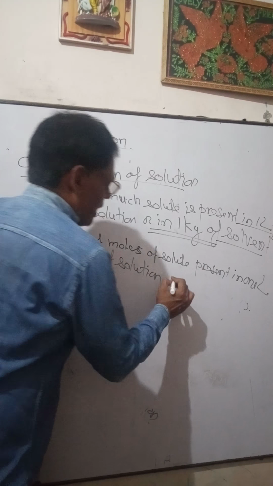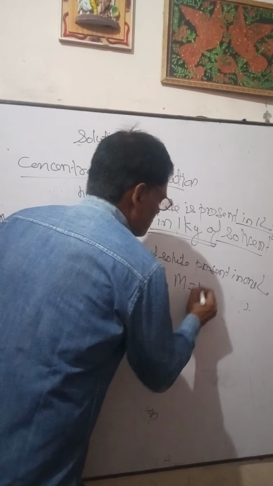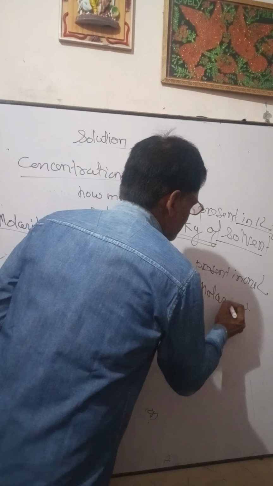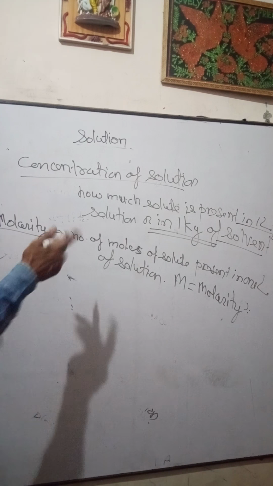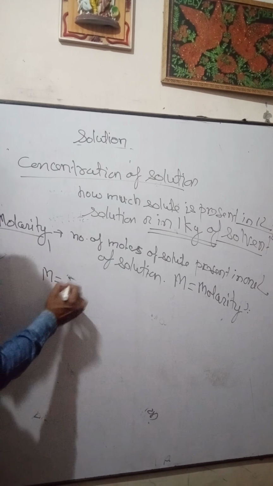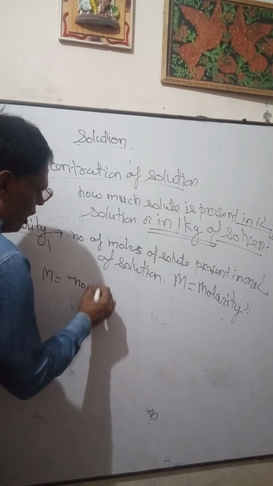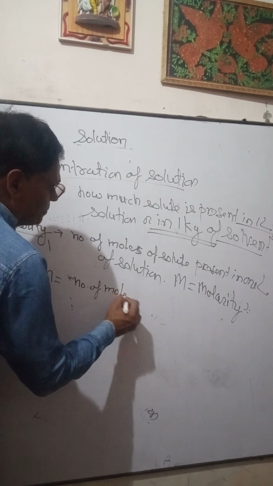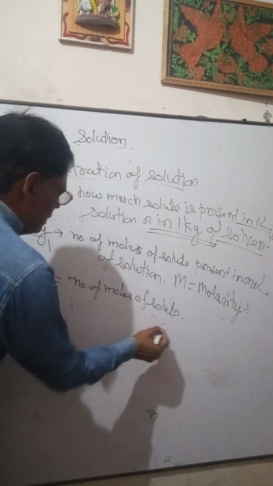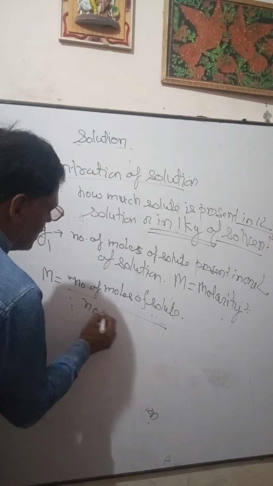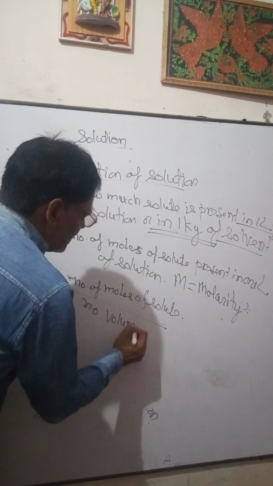Molarity is represented by capital M. Wherever capital M is written, it means concentration is measured in molarity. The formula is M equals number of moles of solute divided by volume of solution in liter.